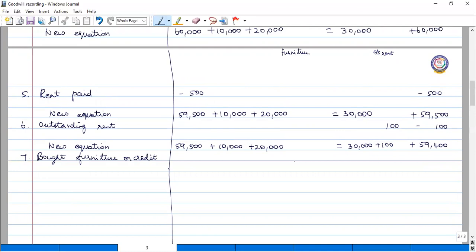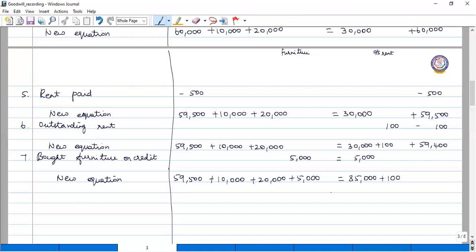So furniture worth rupees 5,000 has increased in our organization, and we also have the creditors increased by 5,000. Okay. So now the new equation is equal to same value in cash in hand and cash at bank and stock. There is an increase of 5,000 under furniture, and the creditors increased by 5,000.